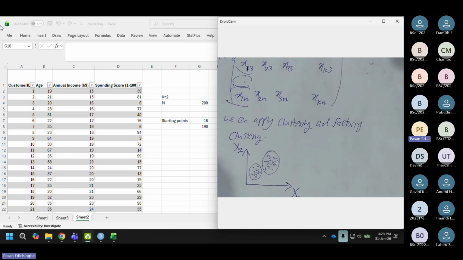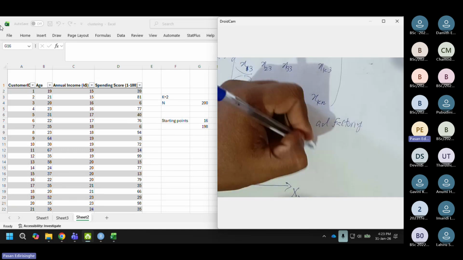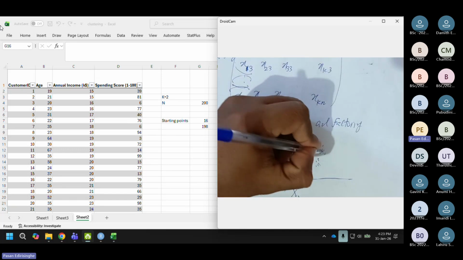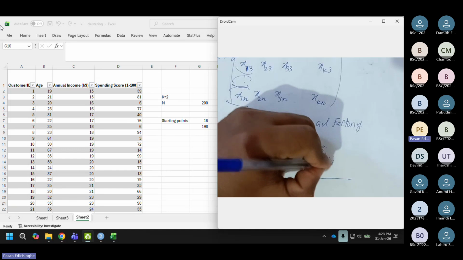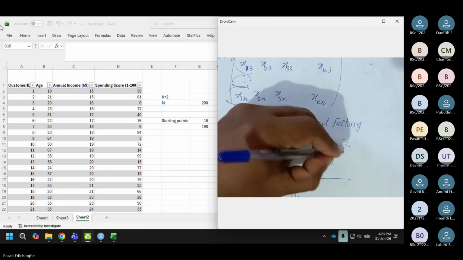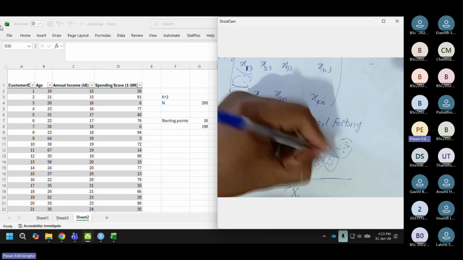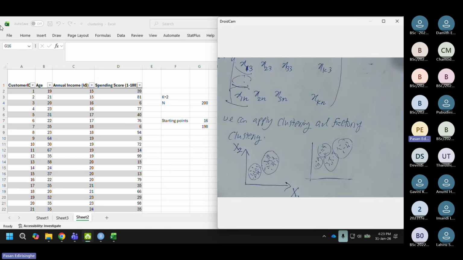There can be two clusters, or more than two clusters. Sometimes you can see somewhere here and somewhere here, and so on, so several clusters we can have like that. You can decide what is the suitable number of clusters you would like to have, and go with that.